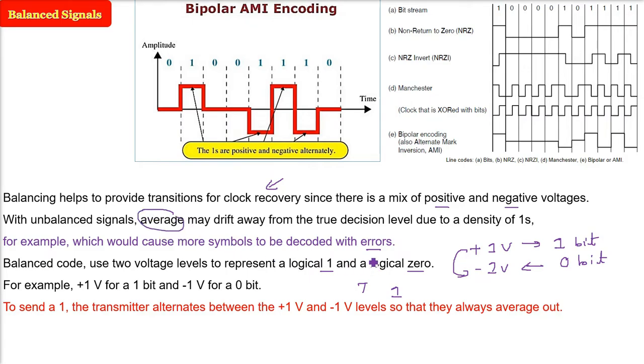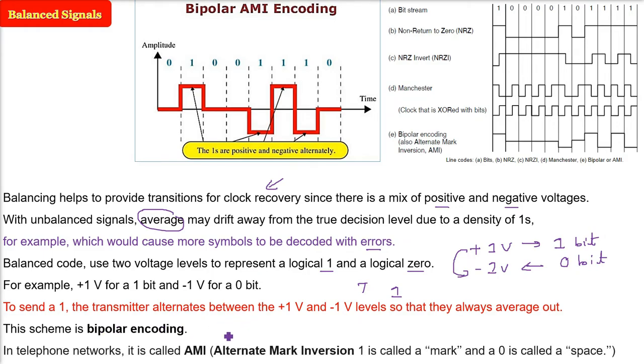The transmitter will alternate between plus 1 and minus 1, and this scheme is called bipolar encoding. In the telephone network, it is called AMI or alternate mark inversion. In AMI, 1 will be called a mark and 0 will be called a space.